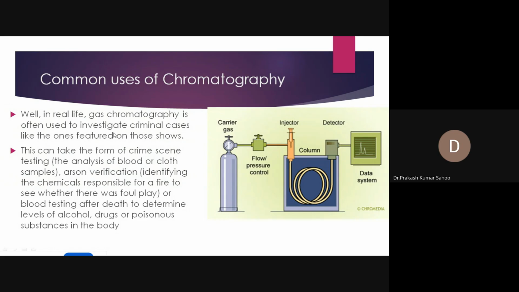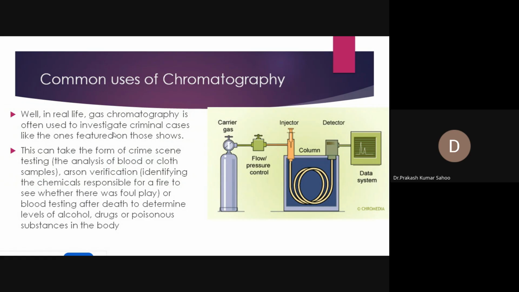Well, in real life, gas chromatography is often used to investigate criminal cases like the ones featured on those shows. This can take the form of crime scene testing, the analysis of blood or breath samples, arson verification, that is, identifying the chemical responsible for a fire to see whether there was foul play, or blood testing after death to determine the level of alcohol, drug or poisonous substance in the blood.